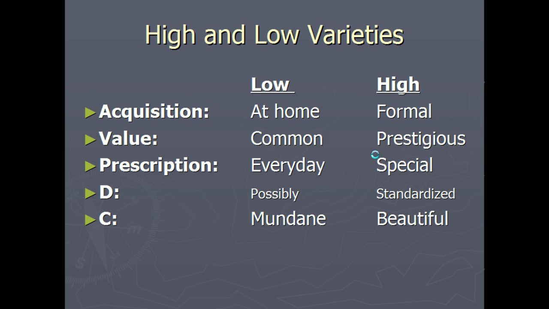Typically, people view the low variety as mundane or something that we have to use for communication, but the high variety is viewed as this beautiful language. This is really common with Arabic, where there's two varieties, the colloquial and the standard. People typically feel the colloquial is more of a base form of Arabic, but the standardized is the true form, the form that everyone should speak and is the most beautiful.